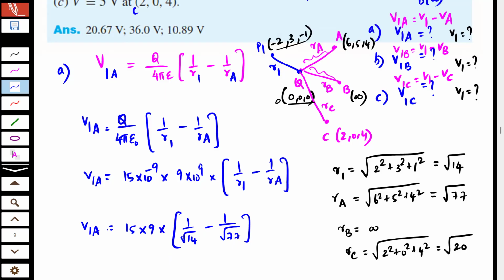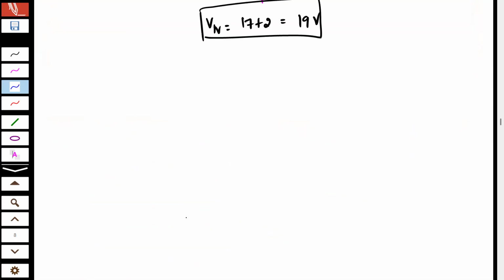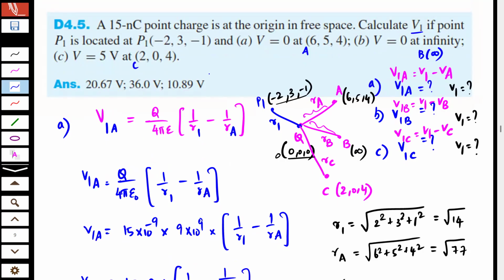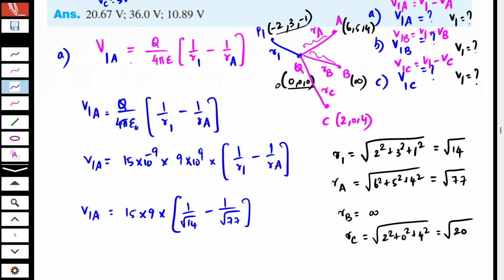You should find this V1A and then find V1 corresponding to that. After finding this, we should write what is V at A. So we know V at A for this case is 0 and V at B is also 0. In this case, V at C is 5 volts. So V1A is V1 minus VA, where VA is given to be 0 volts.